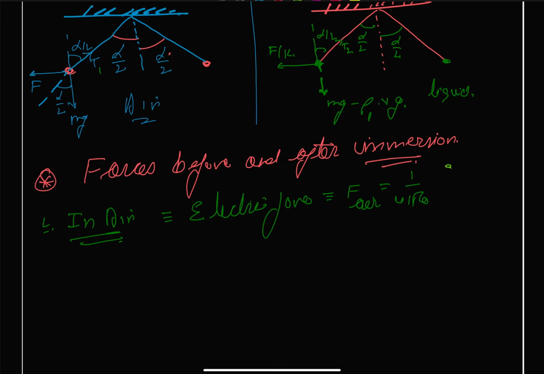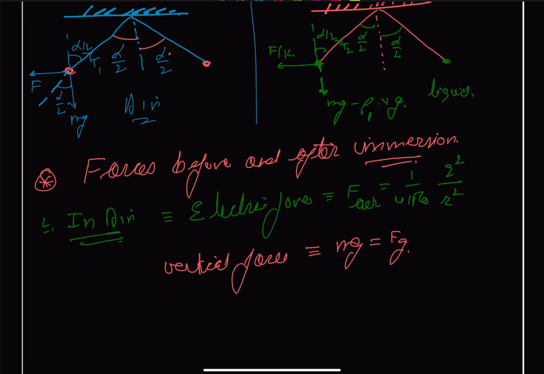Charges are same, so this comes as q square, and the distance between the two is, let us suppose, r, that comes as r square. And we have a vertical force, that is our mg. Let us call this as our Fg.